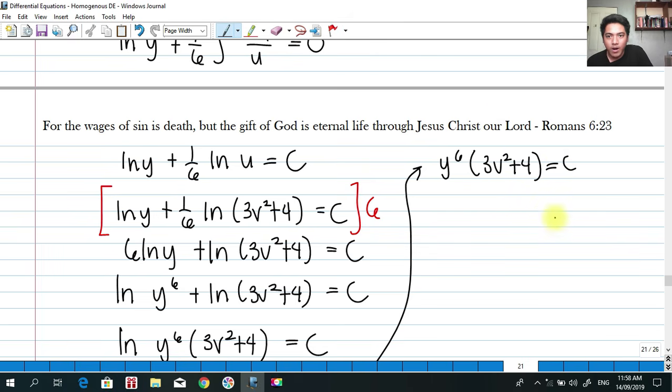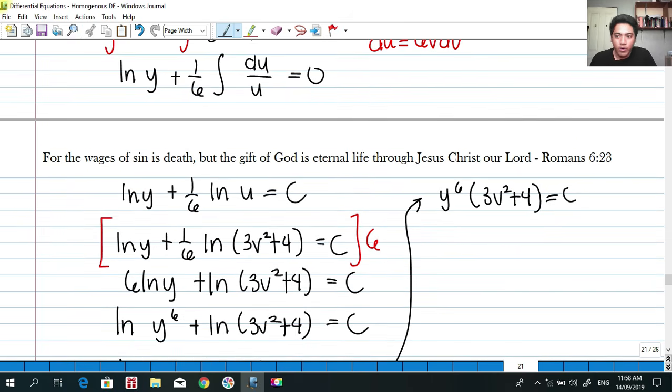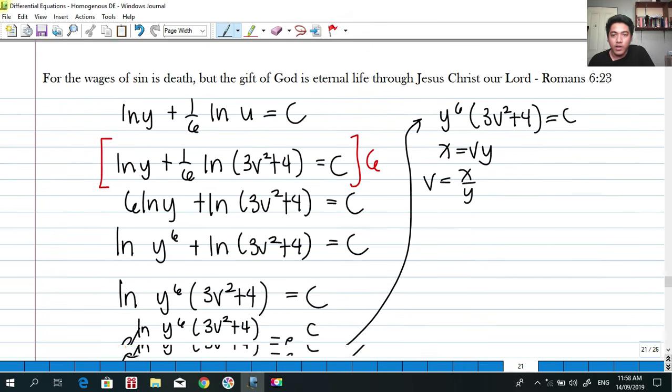But according to our problem, we have a condition right here: x equals 0, y equals 1. But before that, we let v a while ago equal x over y, so we need to substitute v before we can get the particular solution.